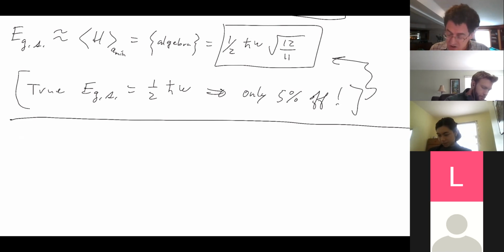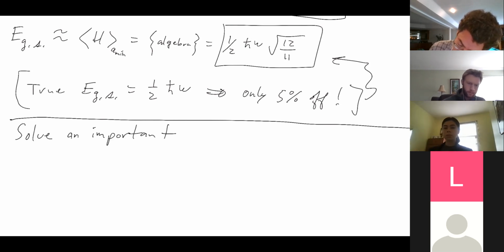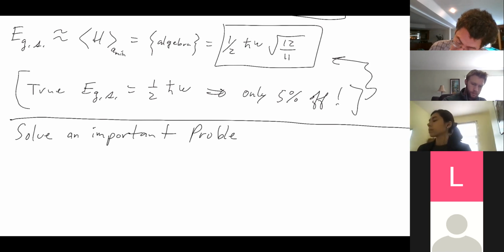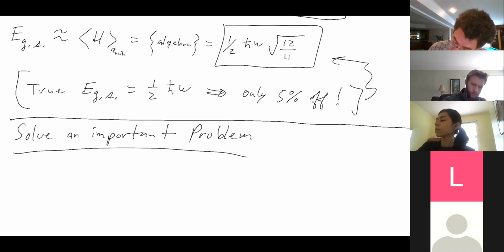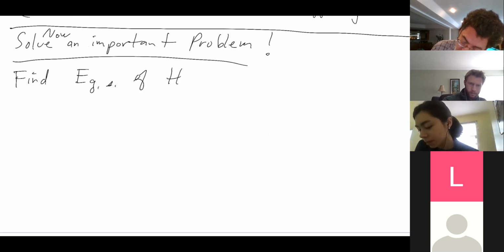Okay, so now let's use it to solve a hard problem. Let's now solve an important and difficult quantum mechanics problem. A genuinely hard problem. And this genuinely hard problem is, let's find the ground state energy of a helium atom.